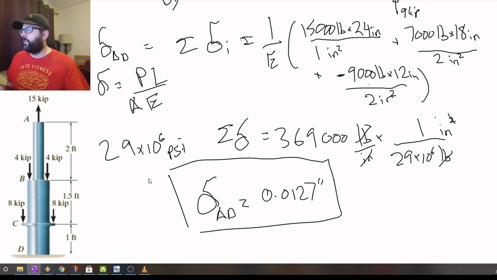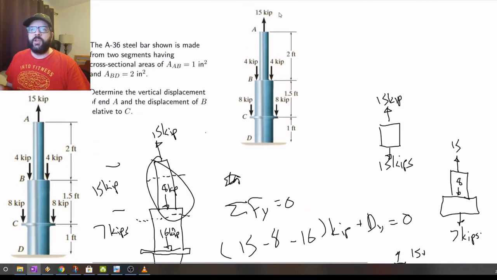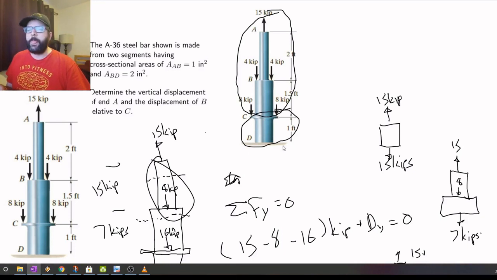That's our total stretching. Well, really, that's the total combination of the stretching in these two segments minus the contraction in this segment, because that one's going to be getting smaller. These ones are going to be getting longer, and this will be the net effect of those two.